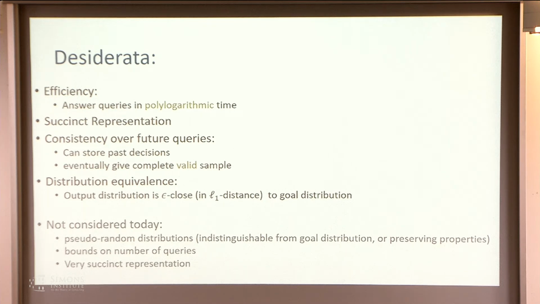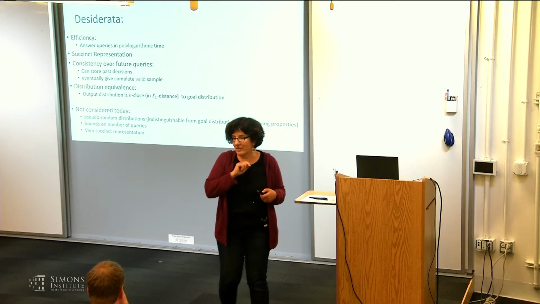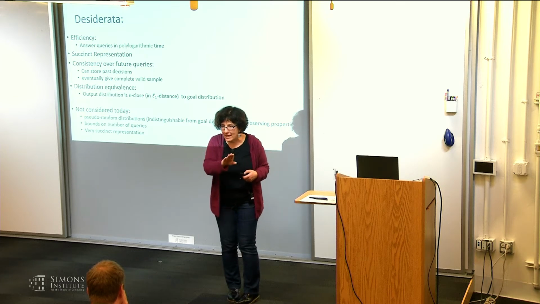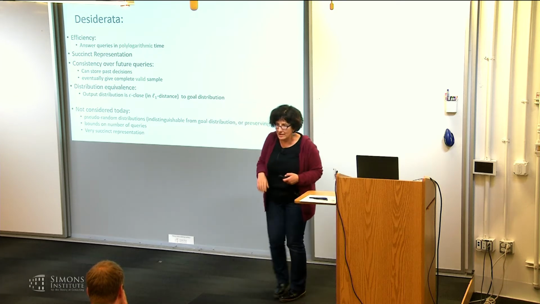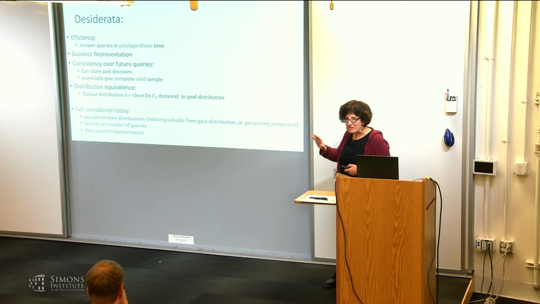Yes, so for the L1 distance, here you only care about a certain set of queries. So you don't care about all possible subsets being close, just that on the queries you'll be close. Isn't it a weaker notion than L1? So that is the notion of GGN, what you're suggesting. That may be sufficient in many cases, and then you would go to the definitions of GGN. Here, we're asking for pretty much the right distribution.